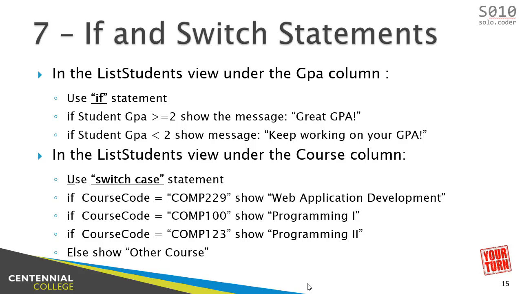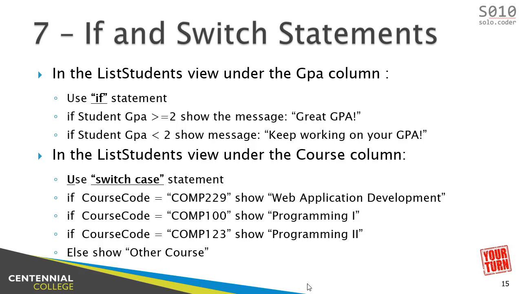We're going to use a switch case statement to test the course code. If the course code is comp229, show web application development. If it's comp100, show programming 1. If it's comp123, show programming 2.